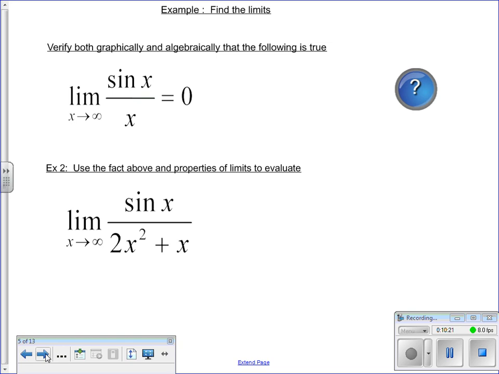What is my maximum value of the sine of x? Come on, what's my minimum value? So this is always going to be somewhere between 1 and negative 1. What happens with my denominator, though? If I get 1 over 10 million, it's really, really close to 0, isn't it?